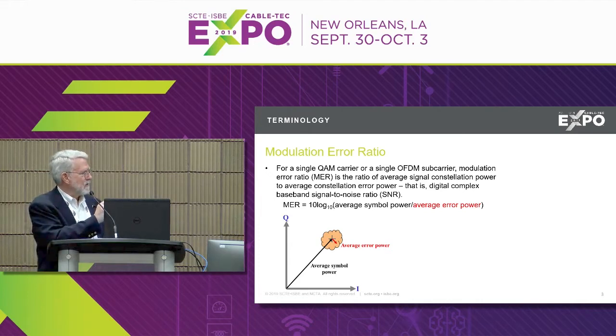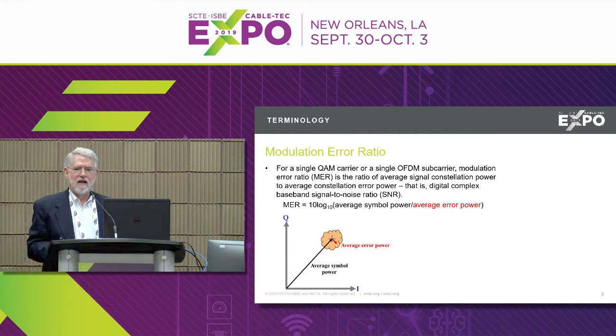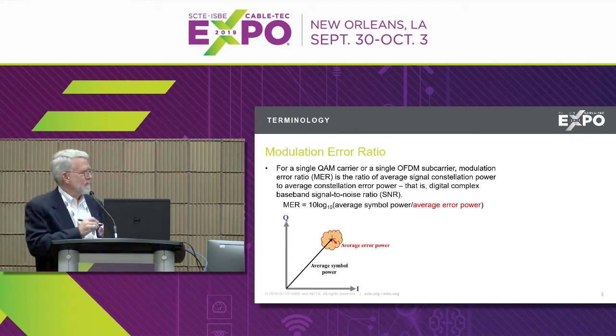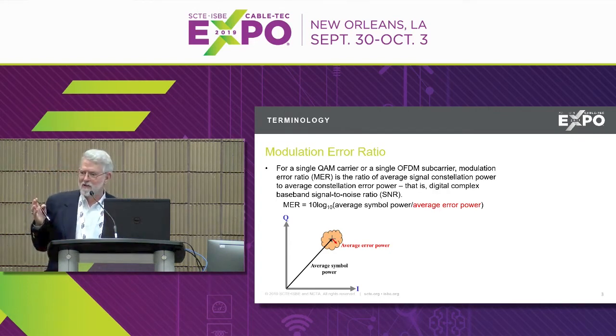The long arrow is a vector that represents the average symbol power for the RF at that point in time. The way to visualize that is that, yes, we talk about digital signals on our networks, but let me ask the question, how many of you carry digital signals on your networks?